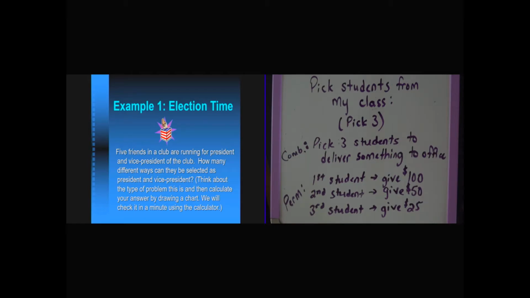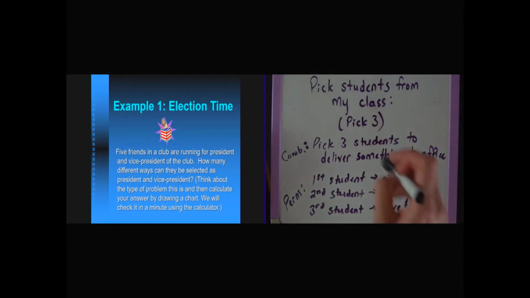And so if I accidentally switch up who I pick out first or second, that would give me a different answer. So that would mean that this would be a permutation because the order that I choose the friends matters. Because if I, again, accidentally switch up who I have picked first versus who I picked second, that would give me different possibilities. So this is actually a permutation, all right?